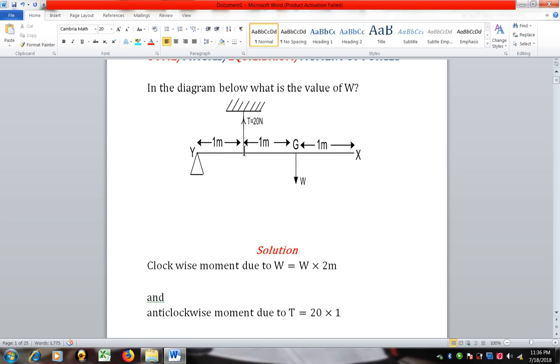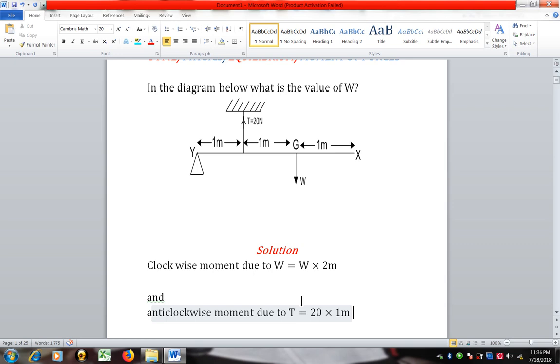So the moment generated by the tension is going to be tension T multiplied by the perpendicular distance between the string and the fulcrum. From this fulcrum to the string, the distance is 1 meter. So we multiply tension T, which is 20 Newton, by 1 meter.